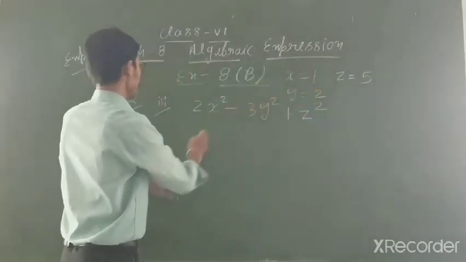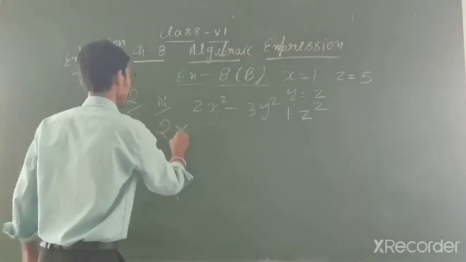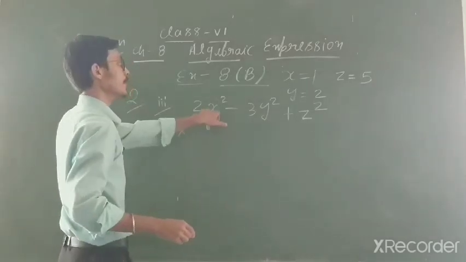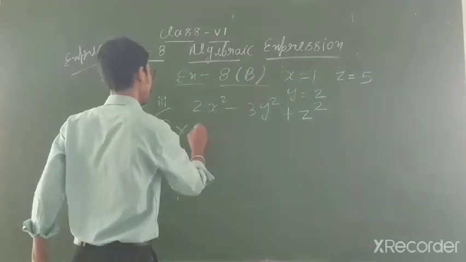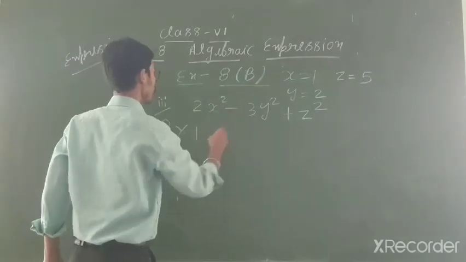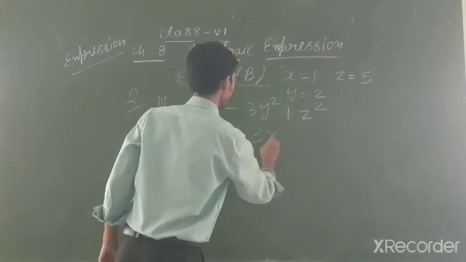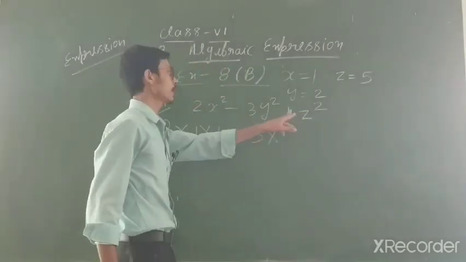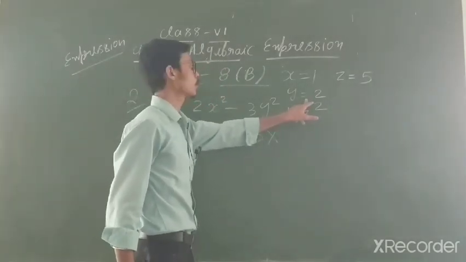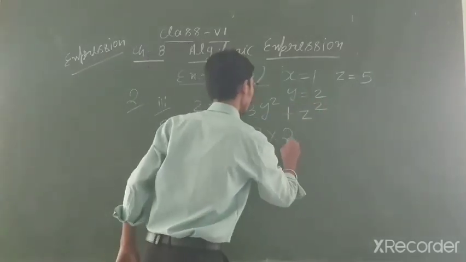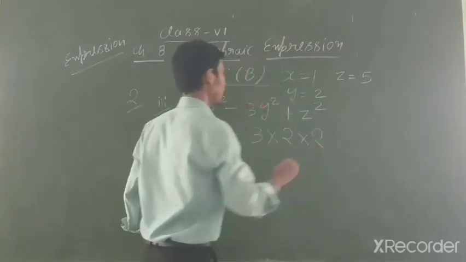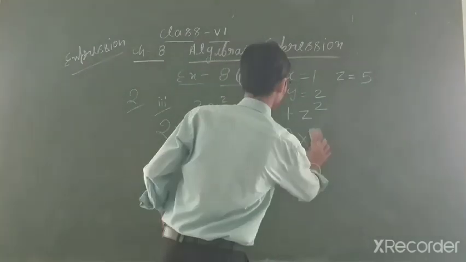Now you have to solve the question. You know that x square means, student, x multiply by how many times? 2 times. You can write down 1, the value of x is 1, multiply by 1, minus 3 is given, multiply y square, how many times will you multiply y? 2 times, meaning 2 multiply by 2 because the value of y is 2. Clear, student?